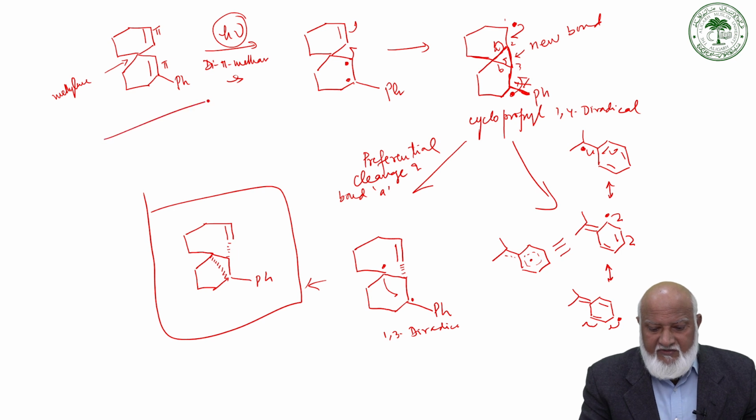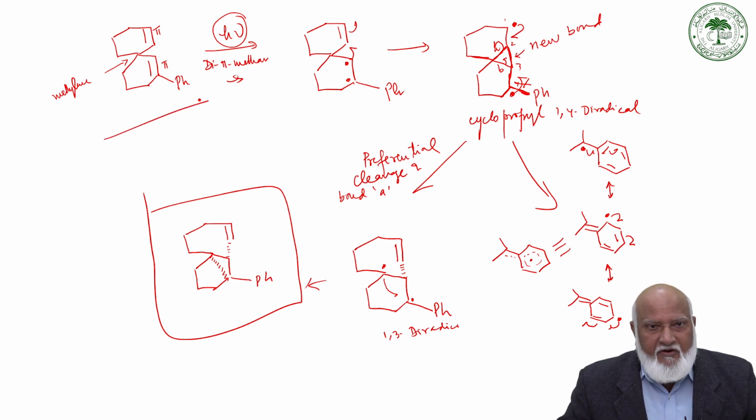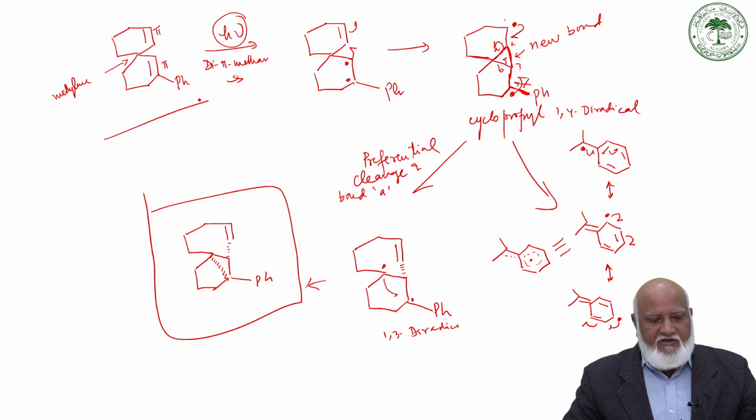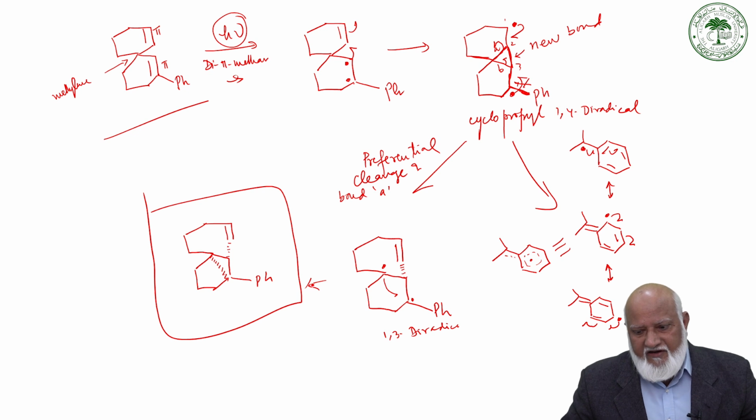So this is the starting material. These are 2 pi bonds separated by a methylene group, nicely set for a di-pi-methane rearrangement under photolytic conditions, and hence the steps involved are the 1,2 diradical, the cyclopropyl diradical, and then cleavage of the cyclopropyl ring via the formation of a double bond.